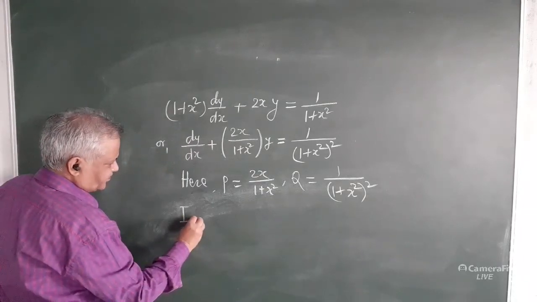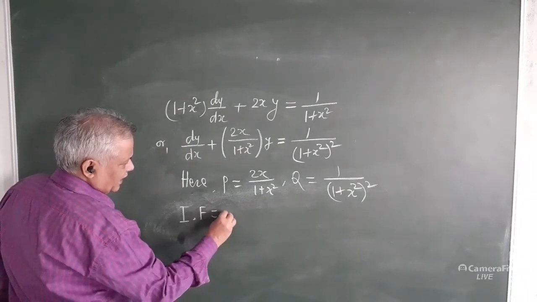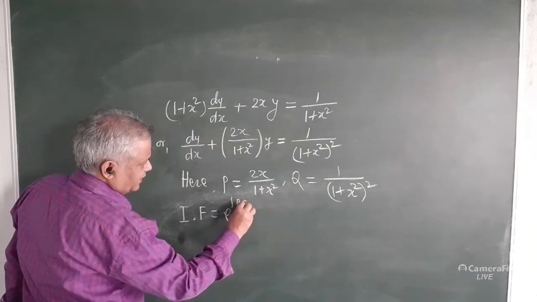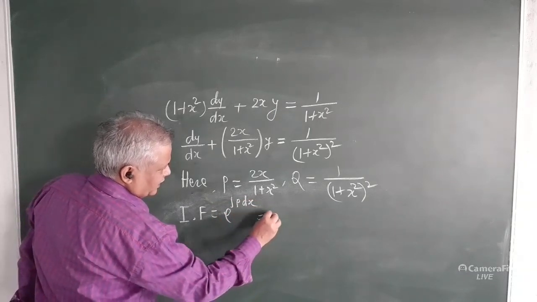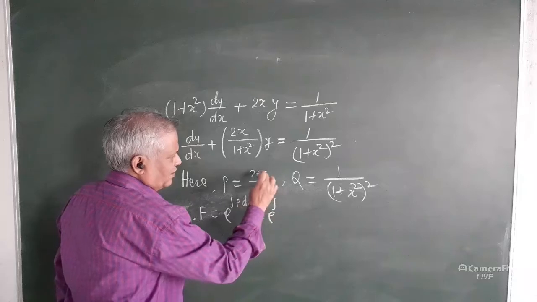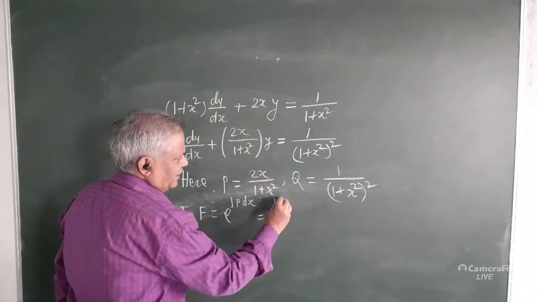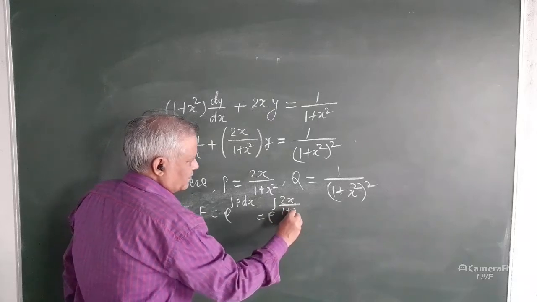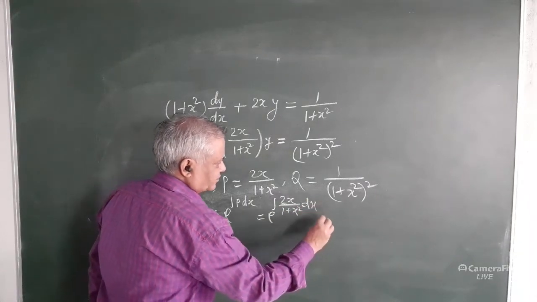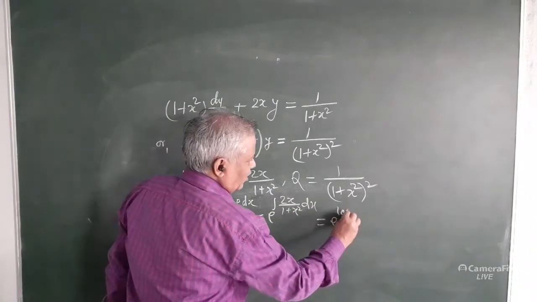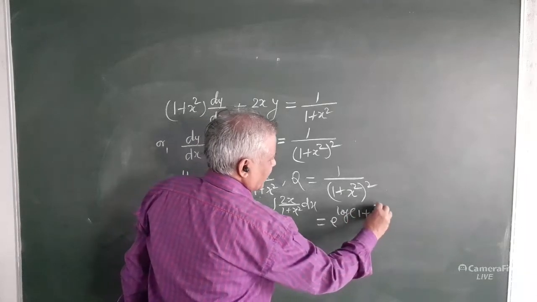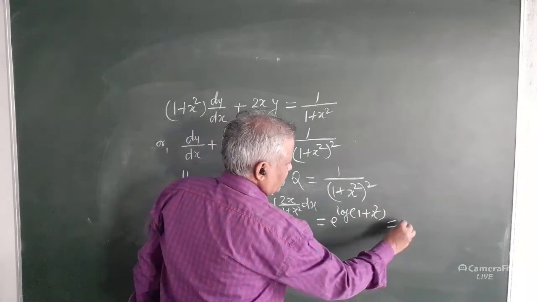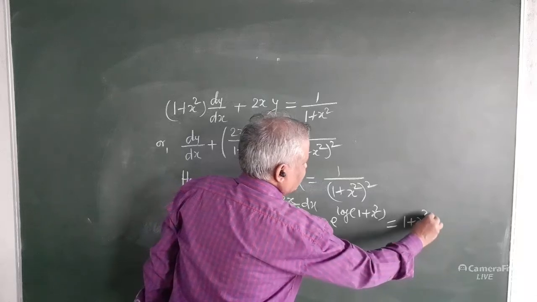Integrating factor is e to the power integral p dx. So it is e to the power integral 2x divided by 1 plus x square dx, which is e to the power log of 1 plus x square. So it is 1 plus x square.